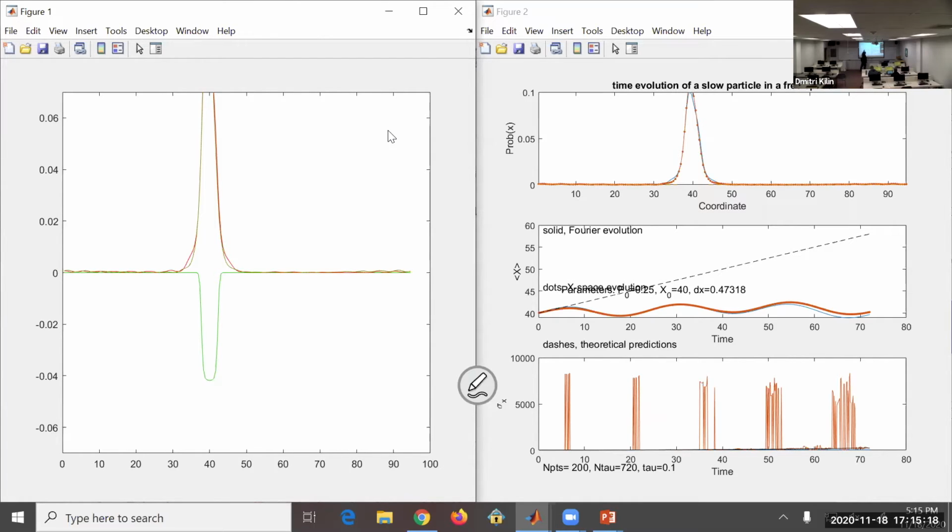Okay, so typically molecules are composed of several atoms.